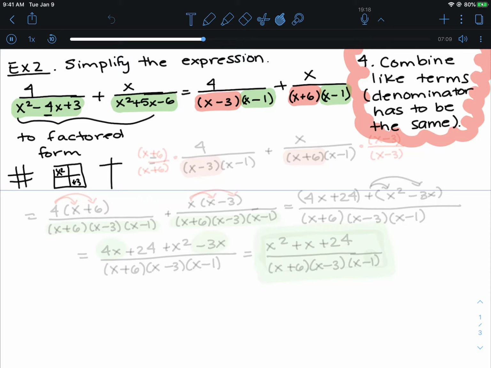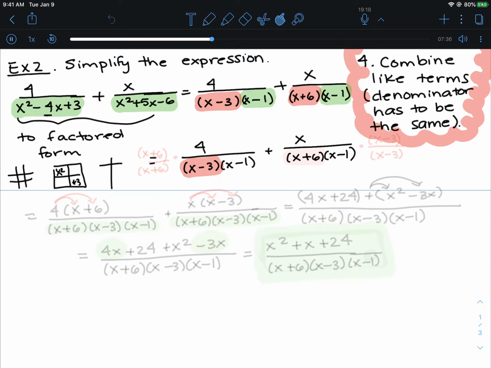So since one fraction doesn't have the other, you cannot add them because they have something missing. So I'm going to go ahead and write this just because my space here is limited. So we're going to get 4 over x minus 3, x minus 1, plus x over x plus 6, x minus 1. So the one that was different was this one, the x minus 3.